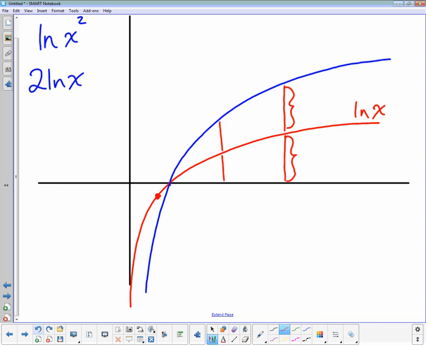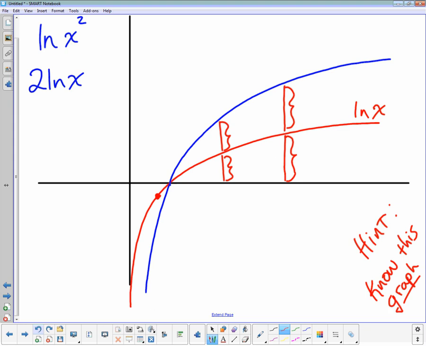That's a hint. So I can use the properties of logs to simplify a graph if I need to.